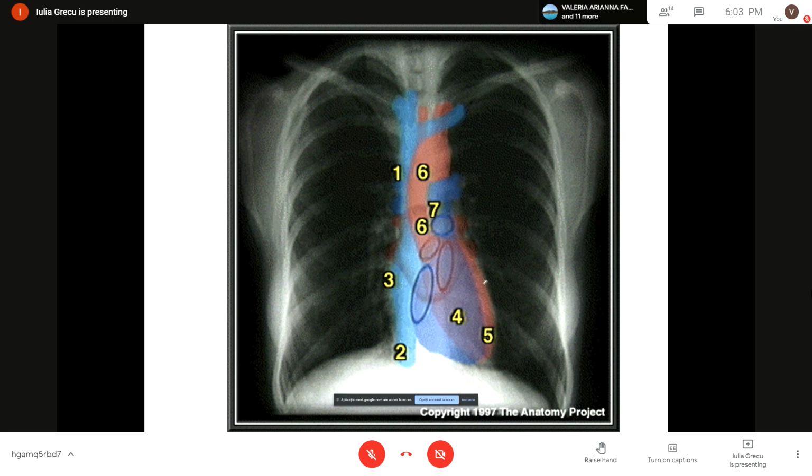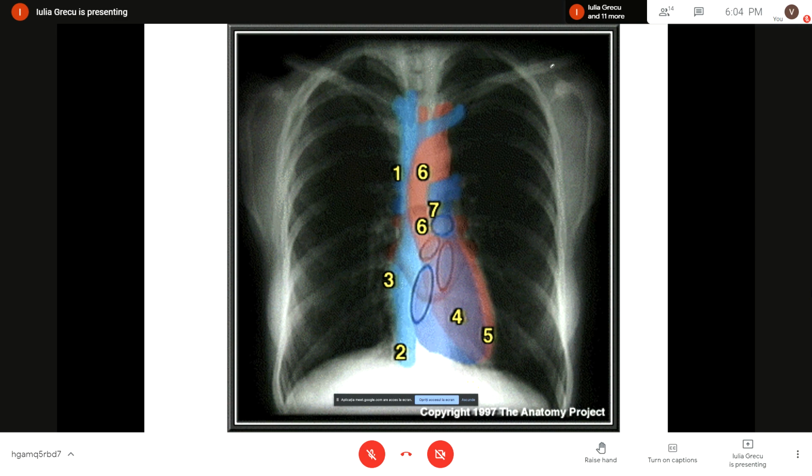On the left side of the heart, we will have a superior arch, which is determined by the left subclavian artery. Right under it will be the aortic notch, which is the most lateral part of the aortic arch. It will be followed by the medium arch determined by the pulmonary artery, and the inferior arch that is formed by the left ventricle.